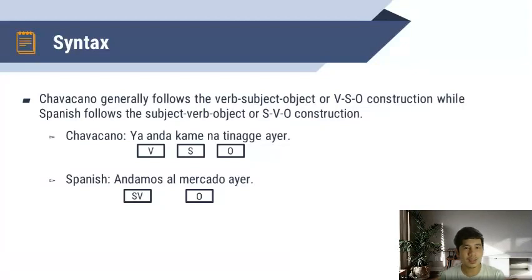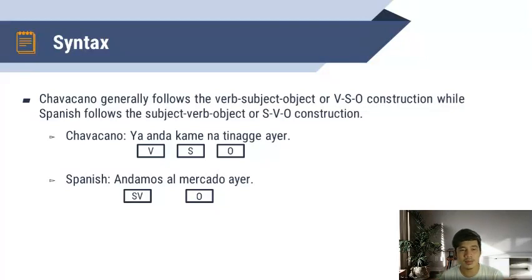In Spanish, it's totally different. Okay, so Spanish follows the subject verb object, or SVO construction. So the sentence "Ya anda kami na Changi ayer" is said as "Andamos al mercado ayer" in Spanish.